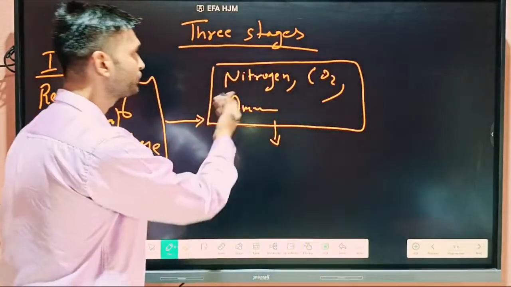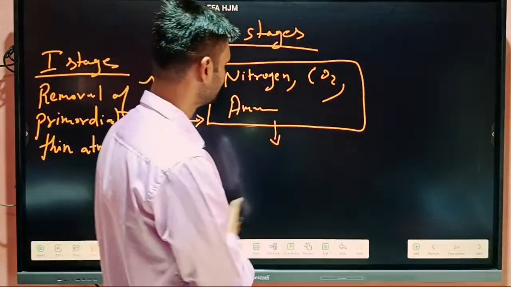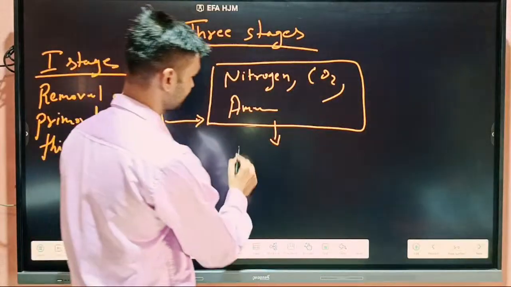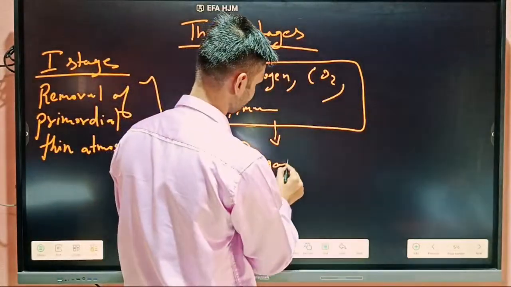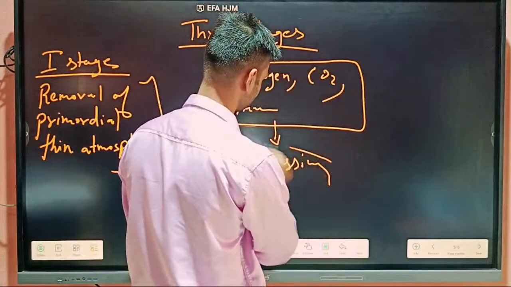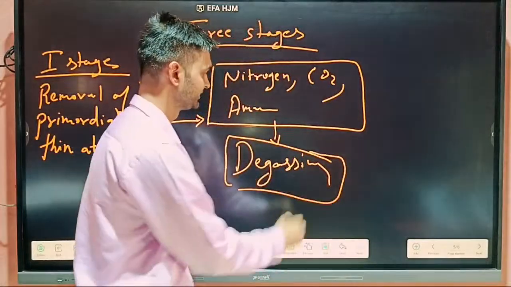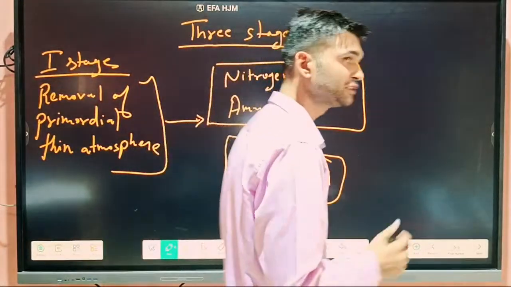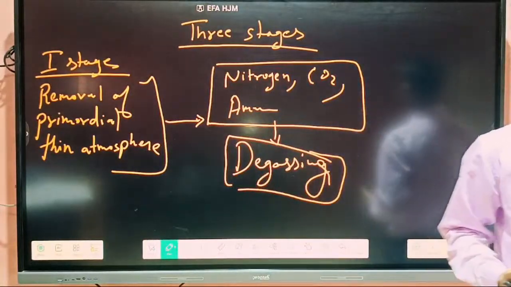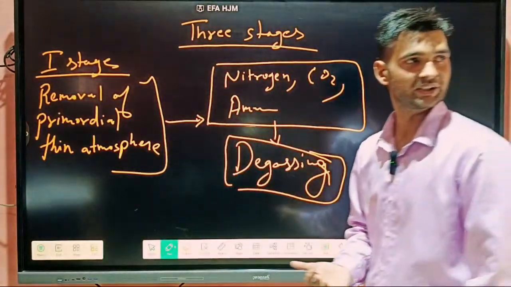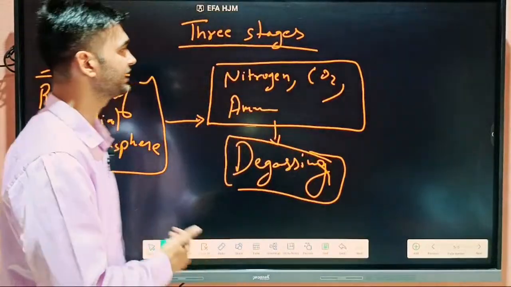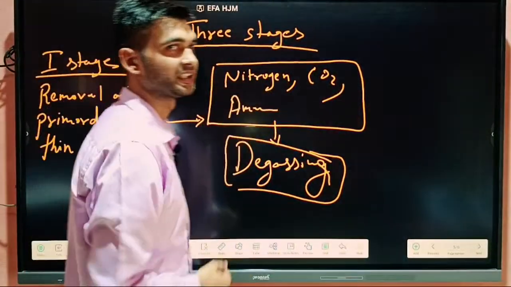The process of outpouring of these gases from lithosphere is called degassing. So in short, remember that the hot interior of Earth contributed in the evolution of early atmosphere.